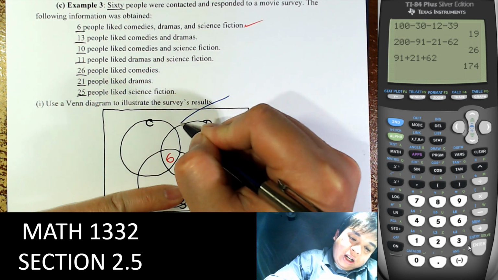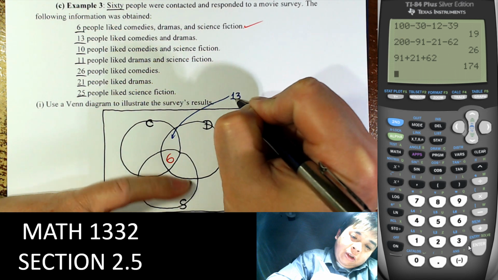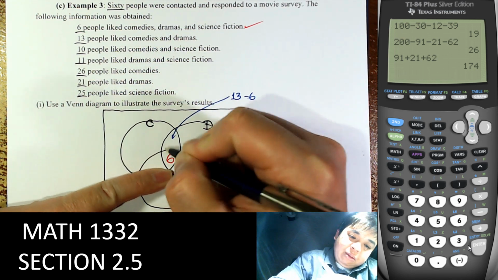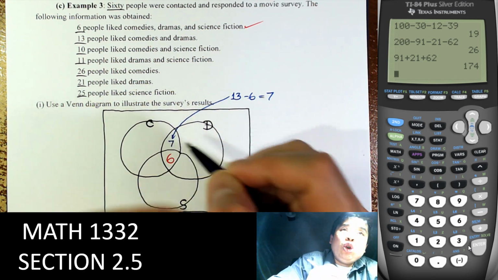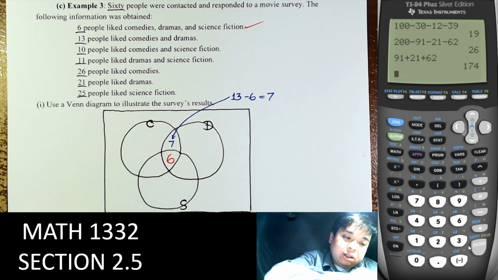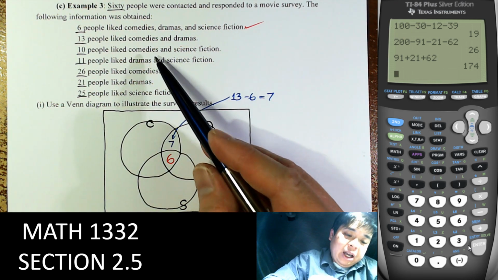So if we subtract the 6 that overlap everything from 13, that's 7. So this 7 will be that part. Next, 10 people like comedies and science fiction.